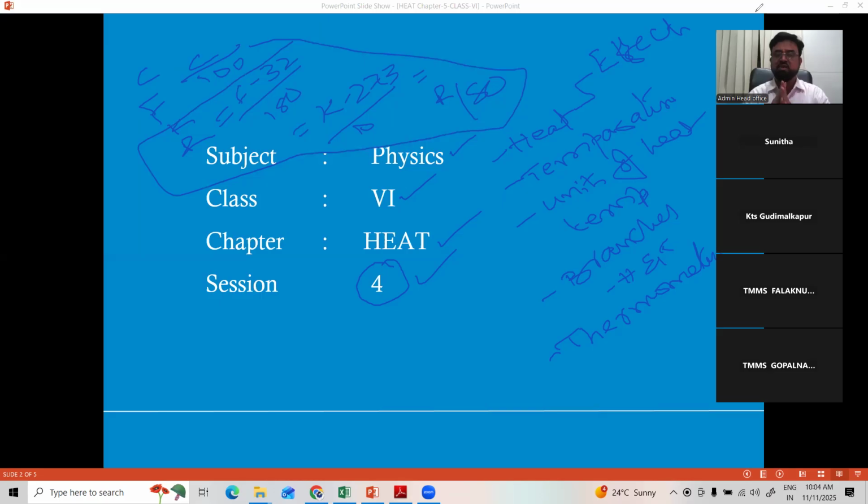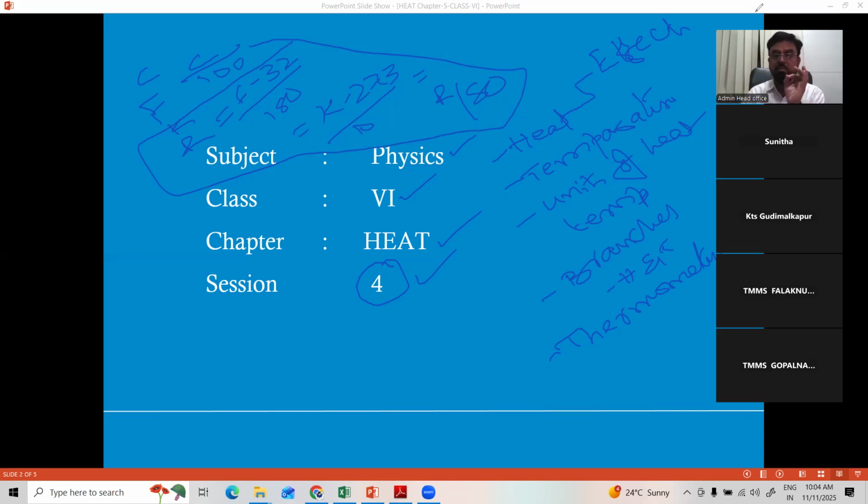Heat is a form of energy which always transmits from a high temperature body to a low temperature body, or a hot body to a cold body. The transfer of heat takes place from the hot body to the cold body until both bodies reach the same temperature.